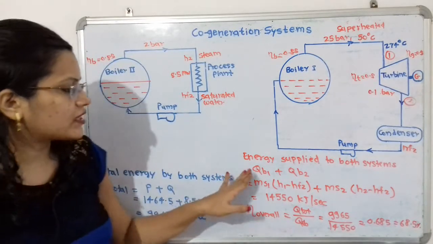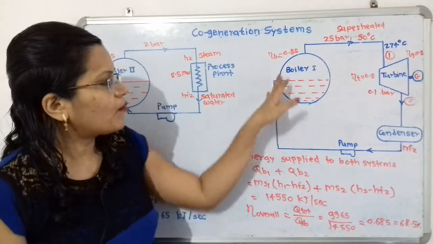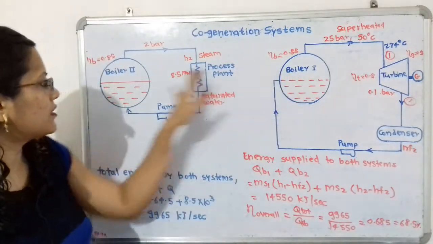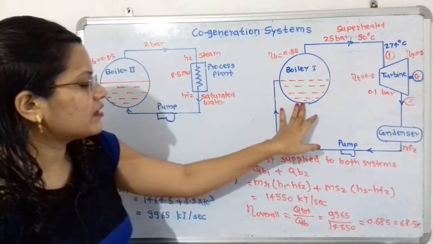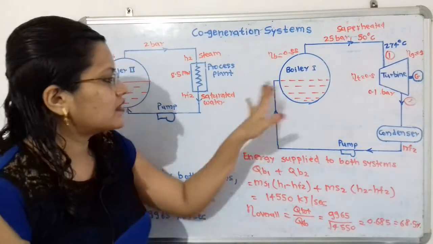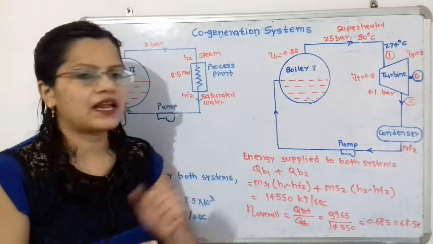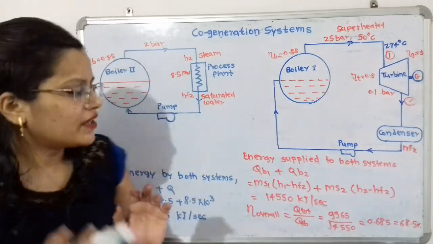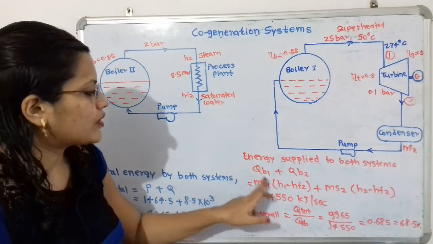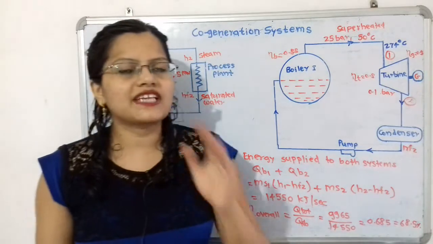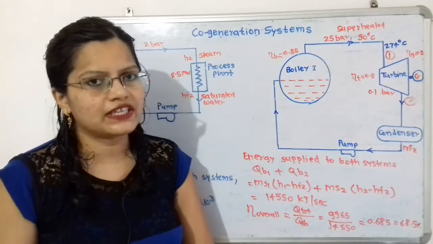Now we will move to the energy supplied to both systems. So how much energy is supplied to boiler 1 as well as boiler 2. So for that we have to take the amount of steam supplied multiplied by the enthalpy difference. Now for the first system, the amount of steam supplied is ms1, so we have to use suffix 1, and that we have already calculated.